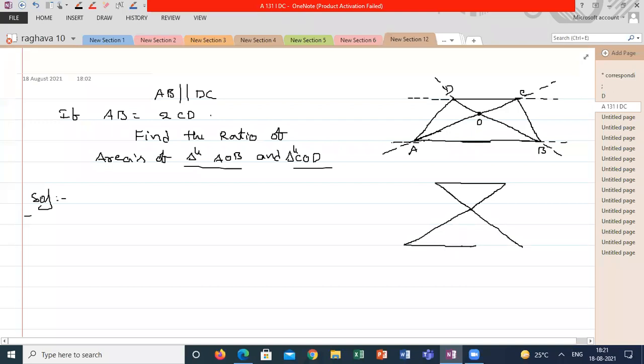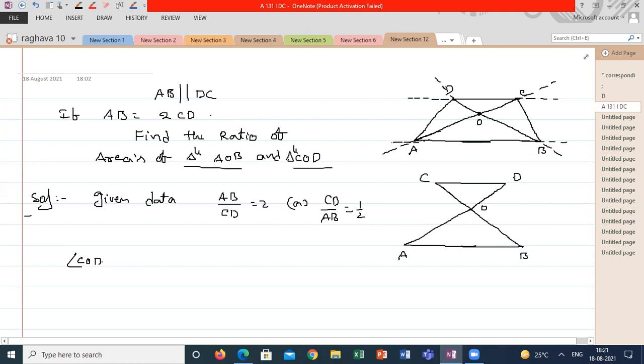We have to discuss these two triangles, AOB and COD. What is the given data? The ratio of AB by CD is equal to 2, or CD by AB can be written as 1 by 2. That is given. I can write angle COD is equal to angle AOB.